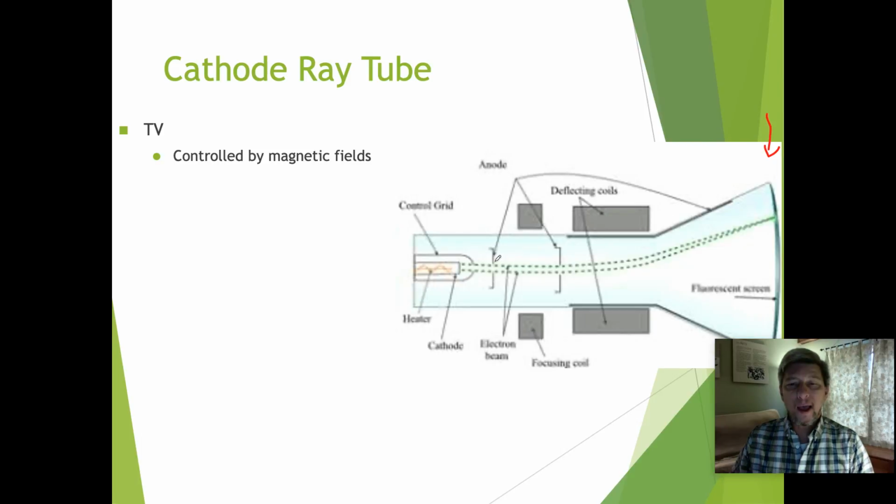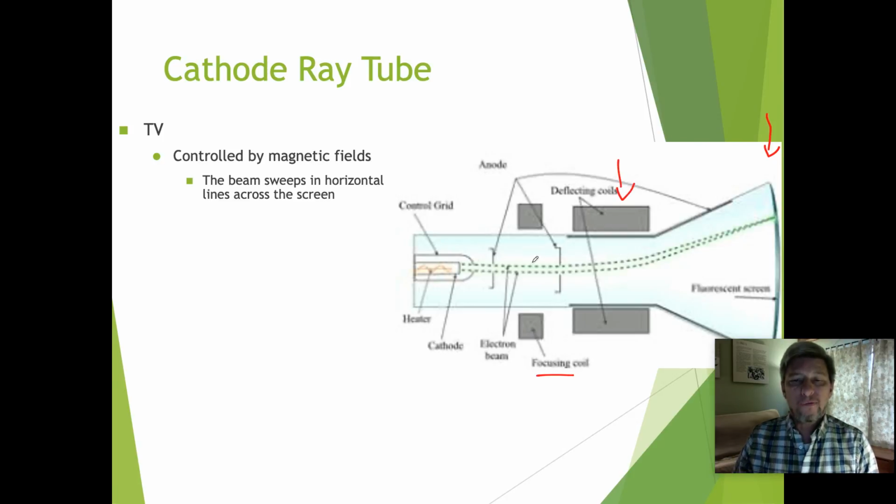The anodes are located here and here and here, and what they're doing is using an electric field to focus the beam. And then you've got two sets of magnets, a focusing coil and a deflecting coil here.